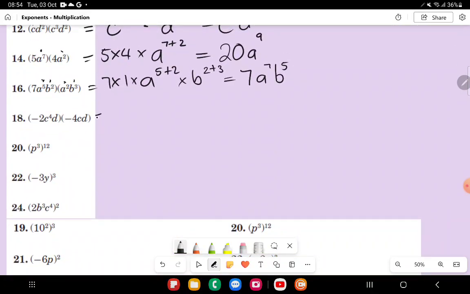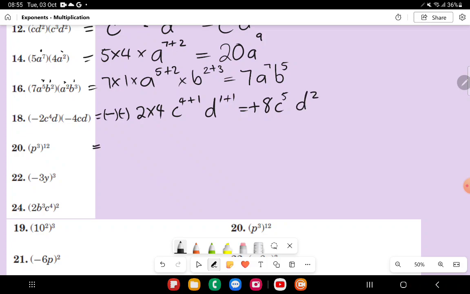Question 18, I've got negative times negative, which gives me positive, 2 times 4, C^(4 plus 1), D^(1 plus 1) gives me positive 8 C^5 D^2.